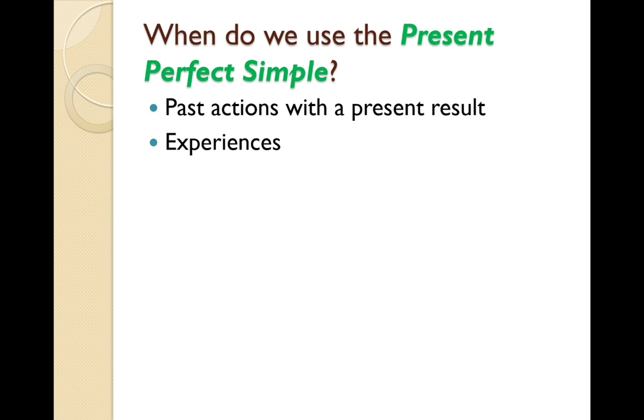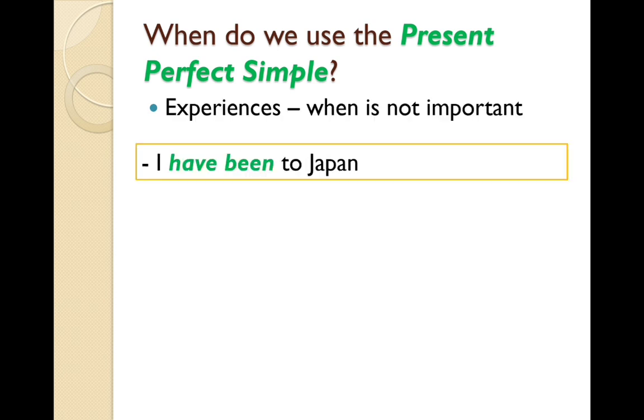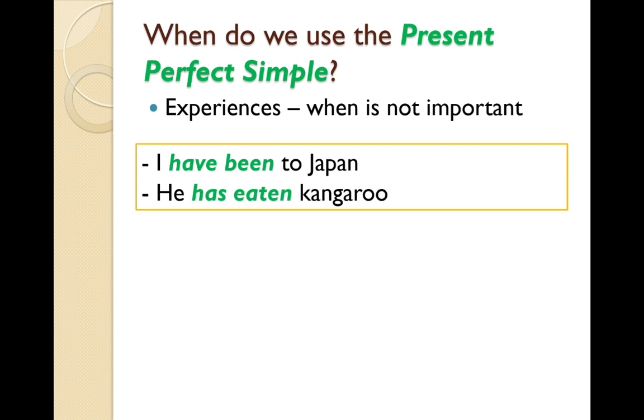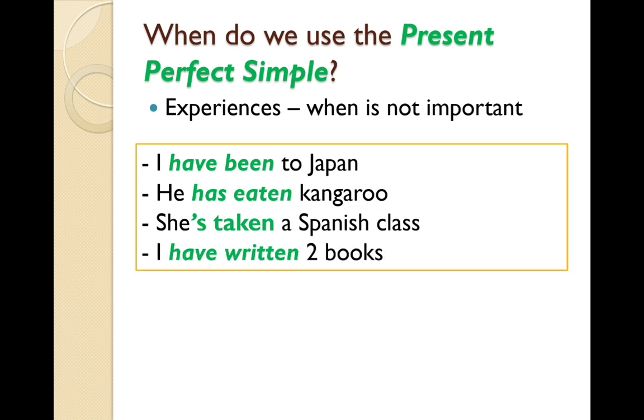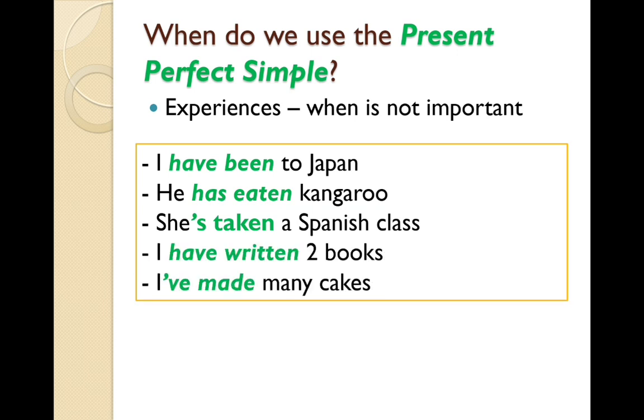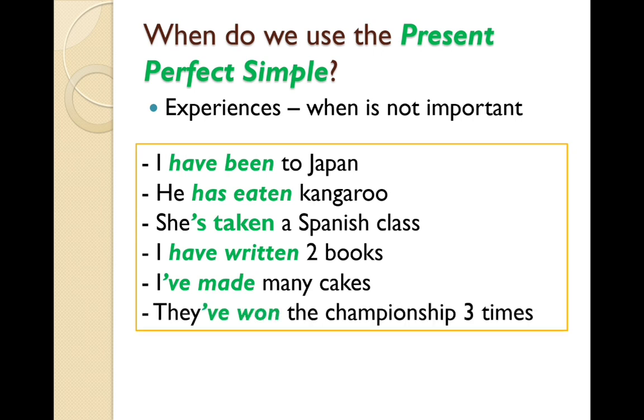We also use the present perfect simple to talk about experiences. When is not important. I have been to Japan. He has eaten kangaroo. She's taken a Spanish class. I have written 2 books. I've made many cakes. They've won the championship 3 times.